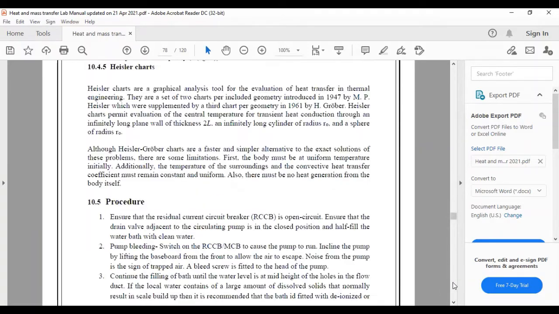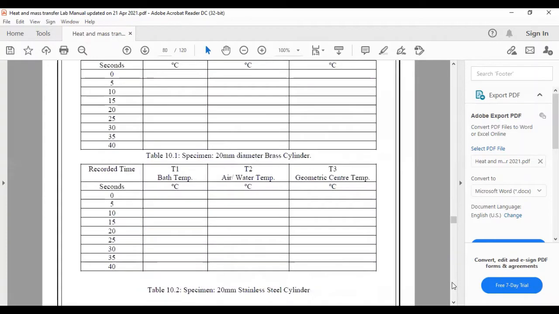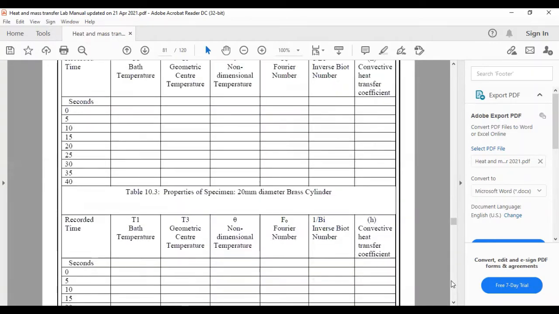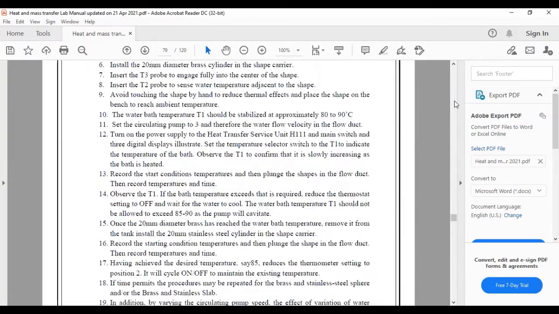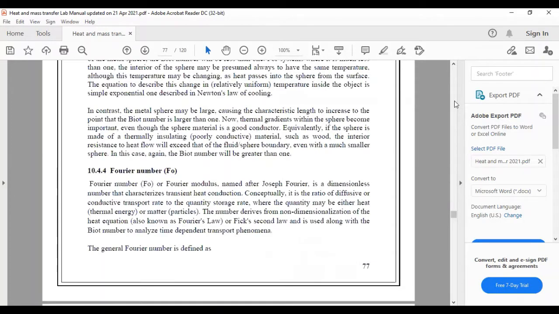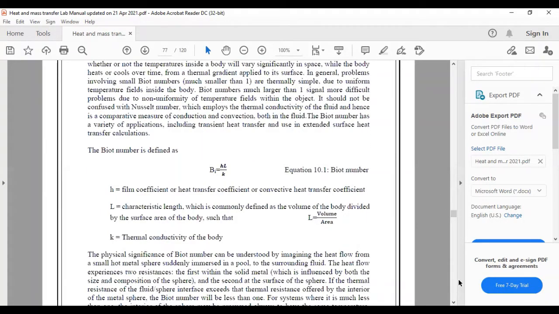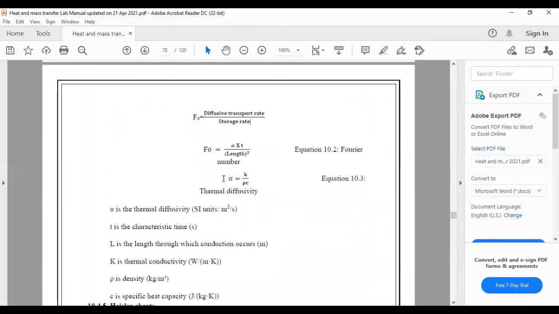So we will calculate these values to show you how we will use them. The density, the value of C and k will all be given as constant values.